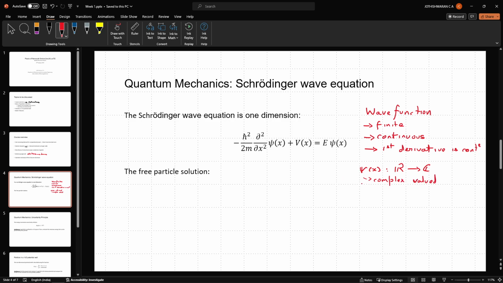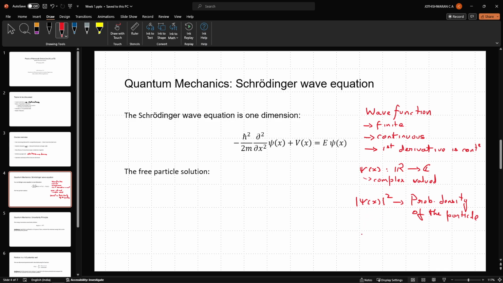And according to the Born interpretation of quantum mechanics, this quantity, the absolute value squared of psi of x, mod squared psi of x, is the probability density of the particle. So what does this mean?